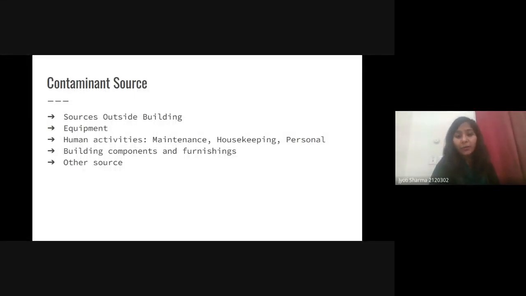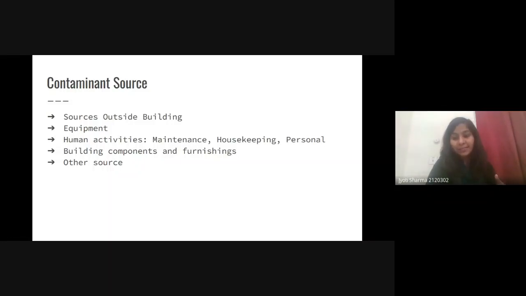Okay, so there are different contaminant sources for indoor air quality. The first is source outside the building. For example, if your home is in Delhi, then your home may have a very high concentration of different gases, because these gases are coming from the outside. So the source is outside the building. The second can be equipment.